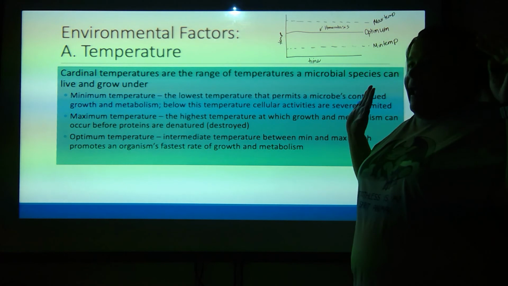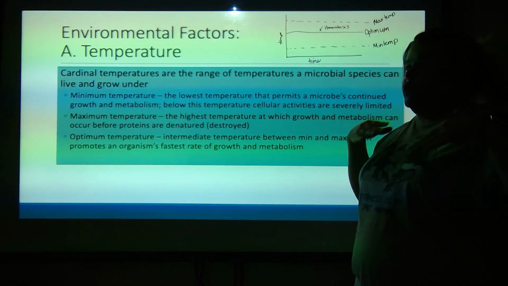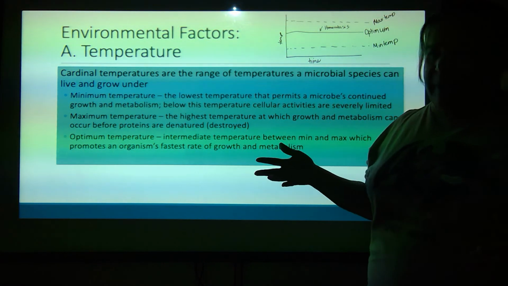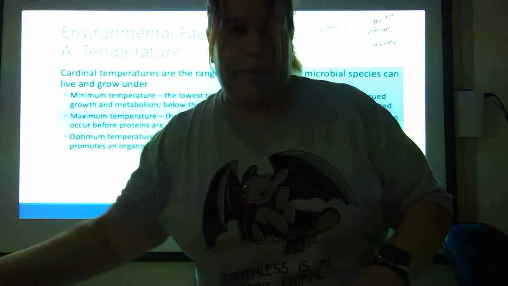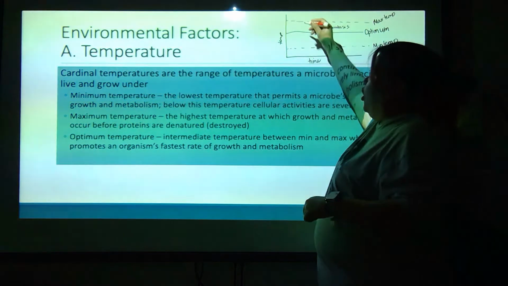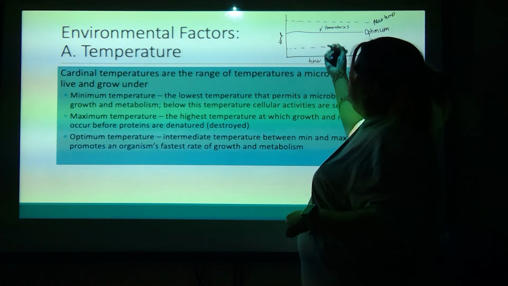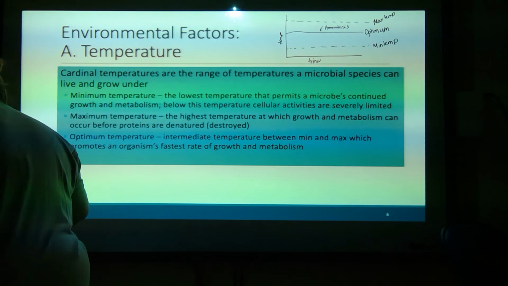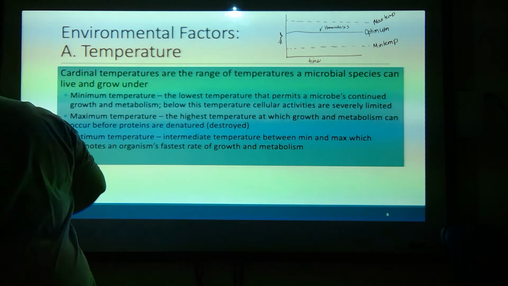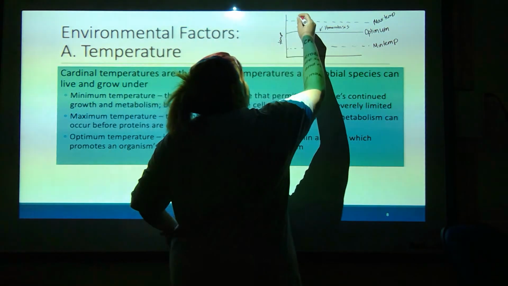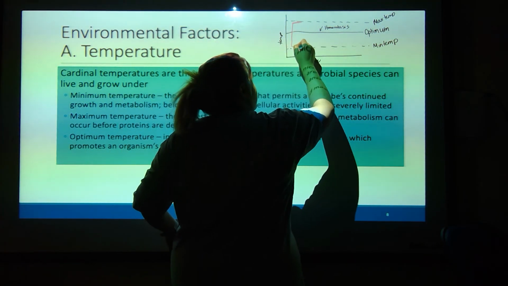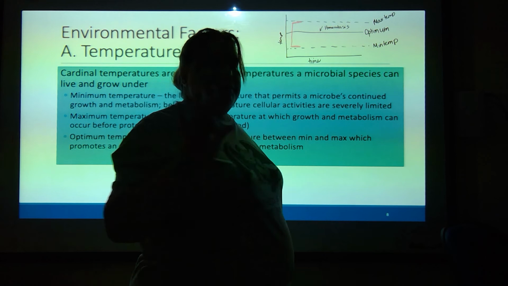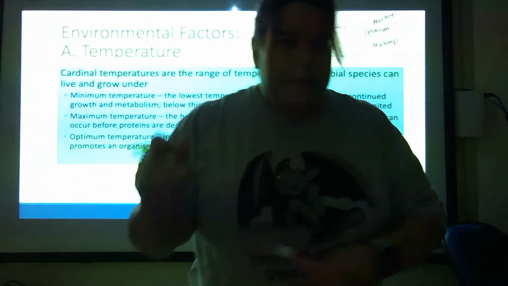This is where everything is aligned so that I can make copies of myself as a bacteria as fast as I possibly can. And as long as I'm in this window, I'm going to survive.